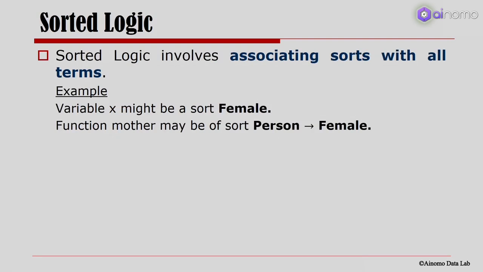Other ways and means of reducing search include a technique of using sorted logic. Sorted logic involves associating sorts with all terms. For example, a variable x might be of sort female. A function like mother may be of the sort person mapped to female.